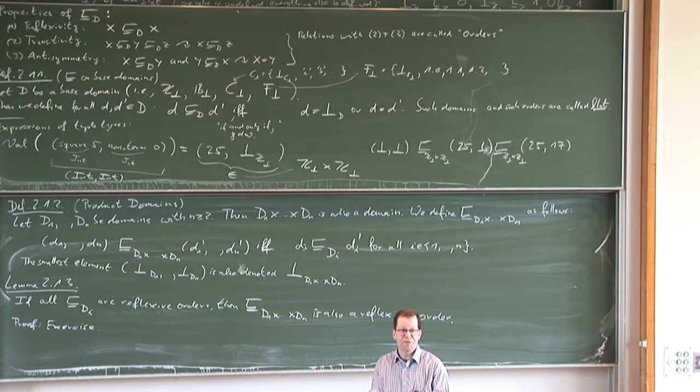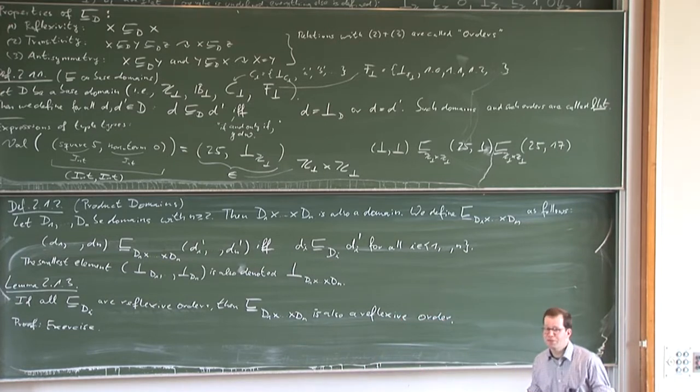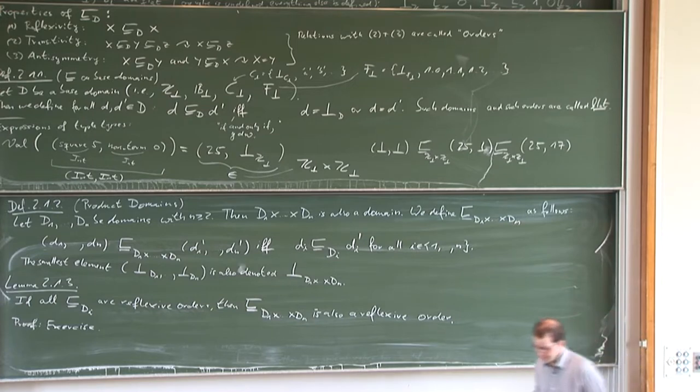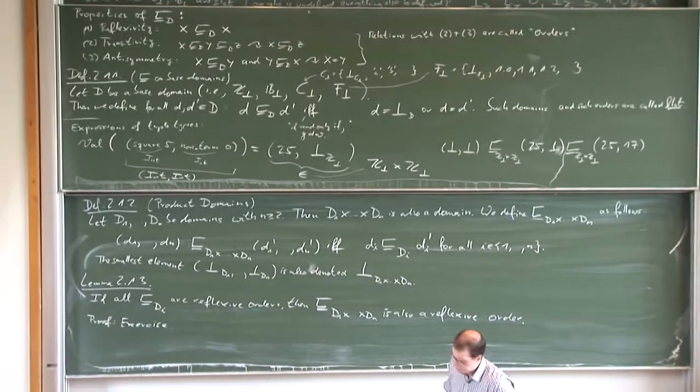How do we compare functions? When do we say that a function is less defined than another function? Somehow non-term should be less defined than square. Non-term always gives us something undefined. Square terminates always and gives us the square of a number. So non-term should be smaller than square, for example. How do we do this?